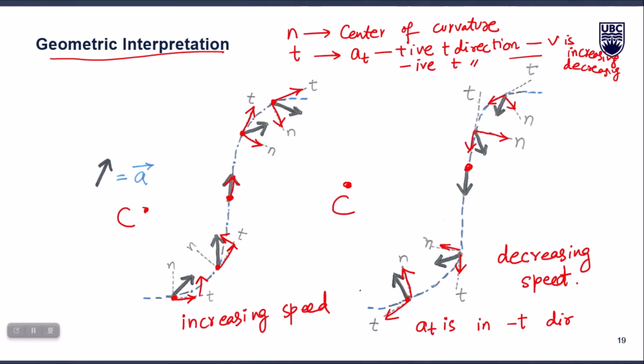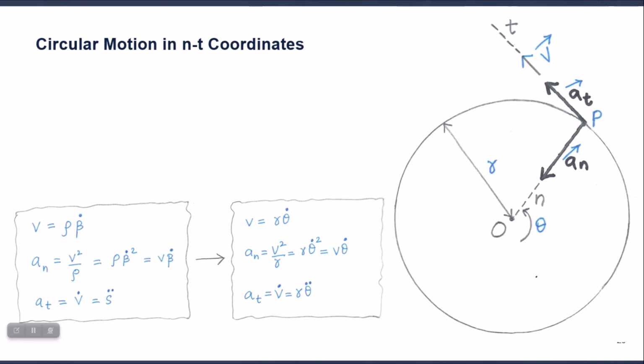Now let's have a couple of examples in this topic, but before doing that, let's apply the same relationships which we have discussed up till now to the circular motion case. Circular motion is a special case of curvilinear motion, right? So it is a case of curvilinear motion, and that can be described more naturally, or in a straightforward way, using the n-t coordinate system.